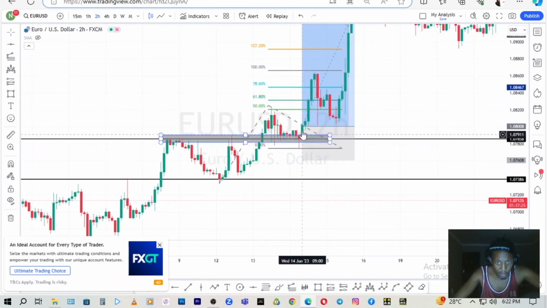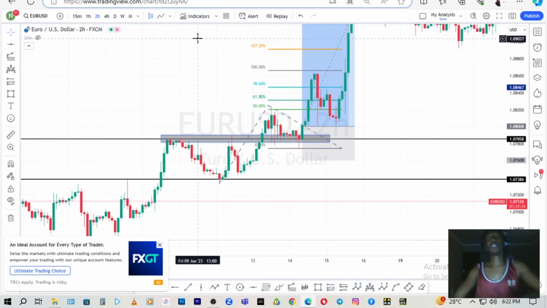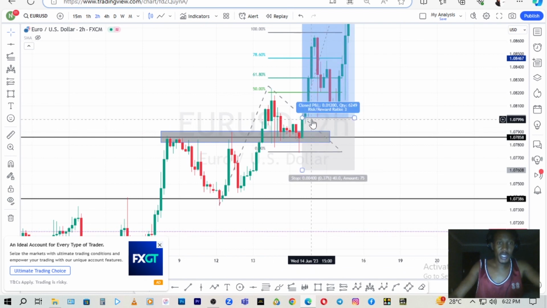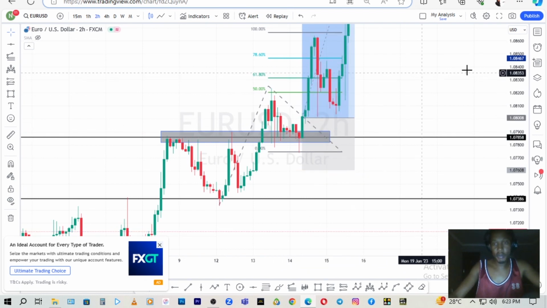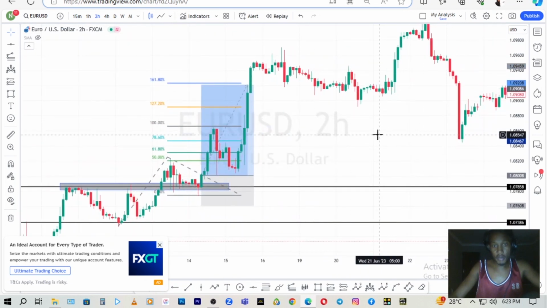So overall it's going to be an impulsive move until 78%. So you see overall it gave us an impulse until this level. So this is what I mean. I keep it simple. Wait for my entry, my perfect entry, which is a bullish engulfing or bearish engulfing. So normally I prefer those.